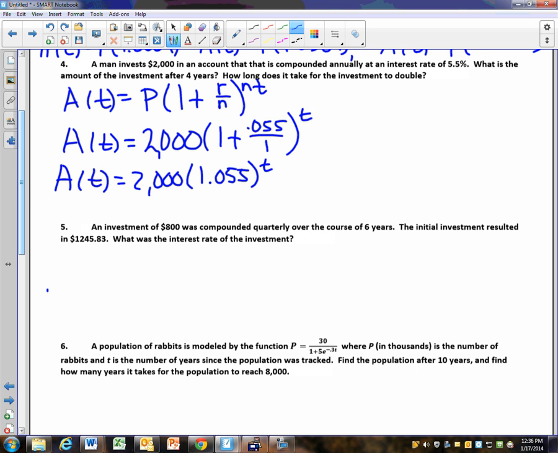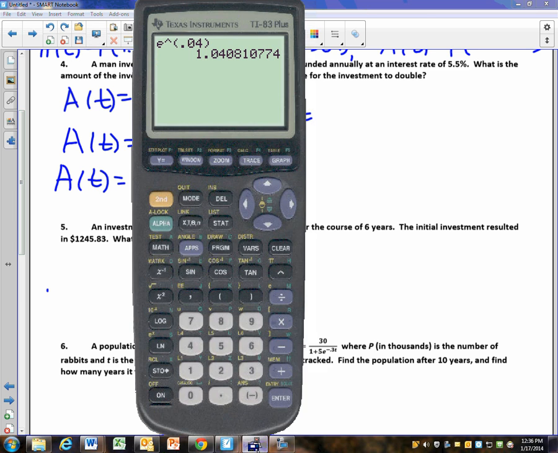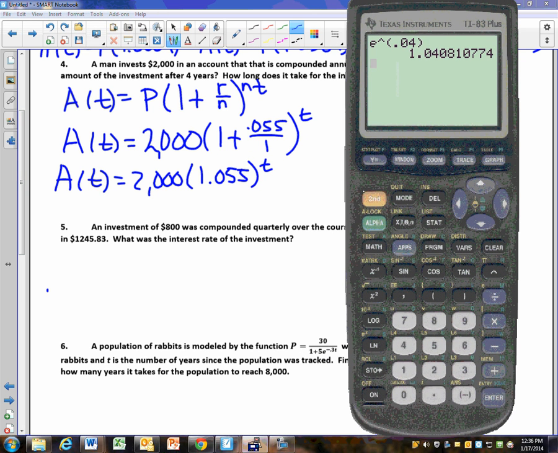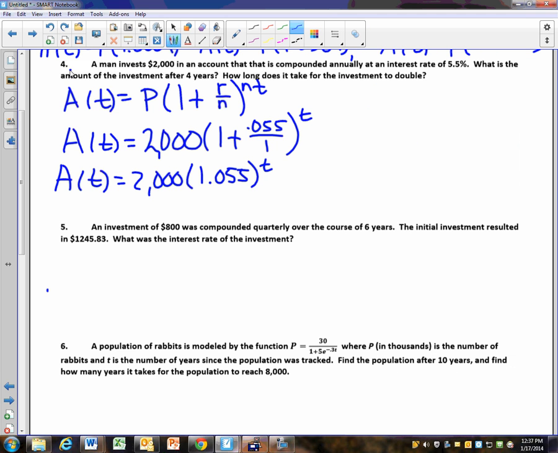The question is, what is the value of the investment after 4 years? What do I do? Plug in the 4. I take 1.055 to the fourth power, multiply it by 2,000, and I get 2477.65.